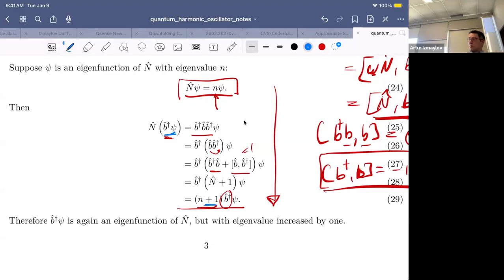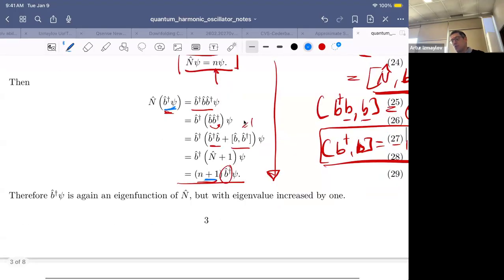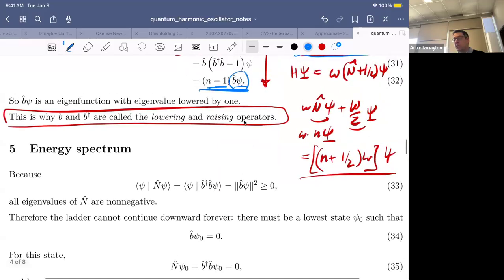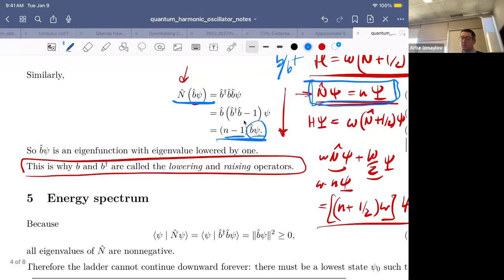So B dagger creates more eigenfunctions from the functions that we have. There is still the problem of how we start. That's the only problem we now need to address, because once we address it, we know how to just apply B dagger, get more states, more energies, right? So life is good. How do we do this?